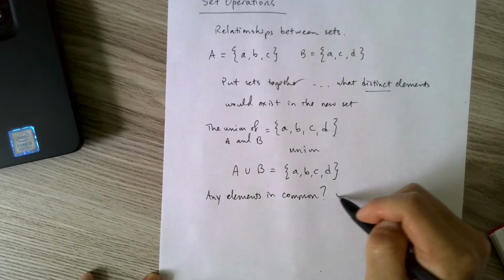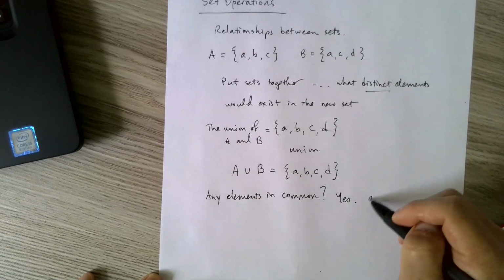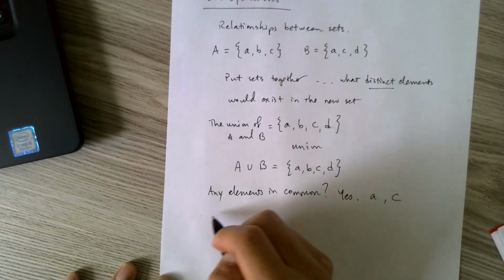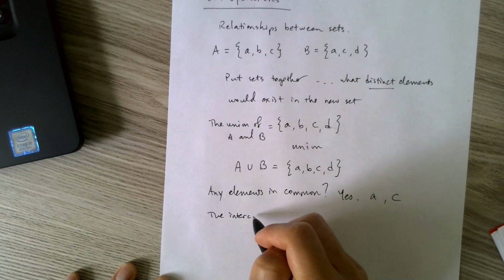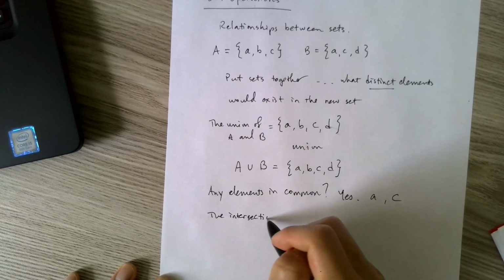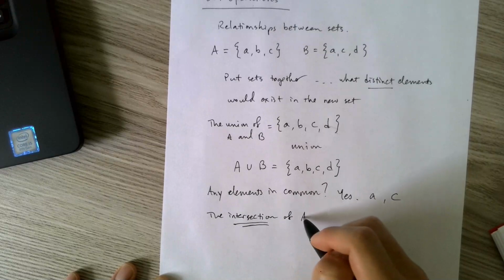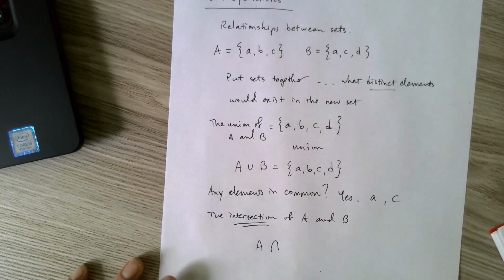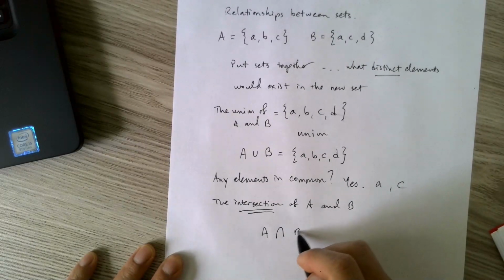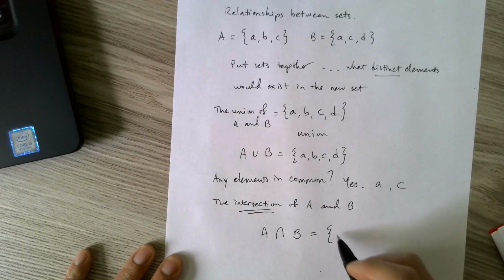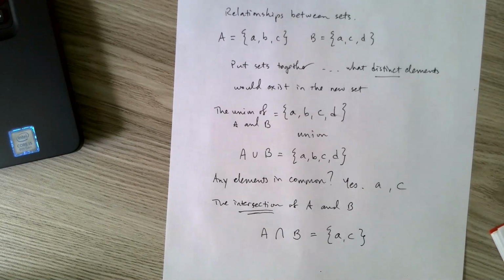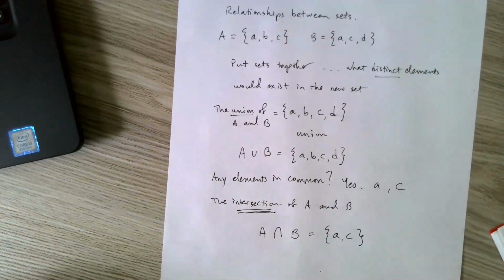And yes, they both have an A and they both have a C. So this is called the intersection of A and B. And that symbol is this one. You just turn the U upside down. The intersection of A and B is A and C, the only two elements that appear in both sets. Okay, so far we have two set operations, union and intersection.